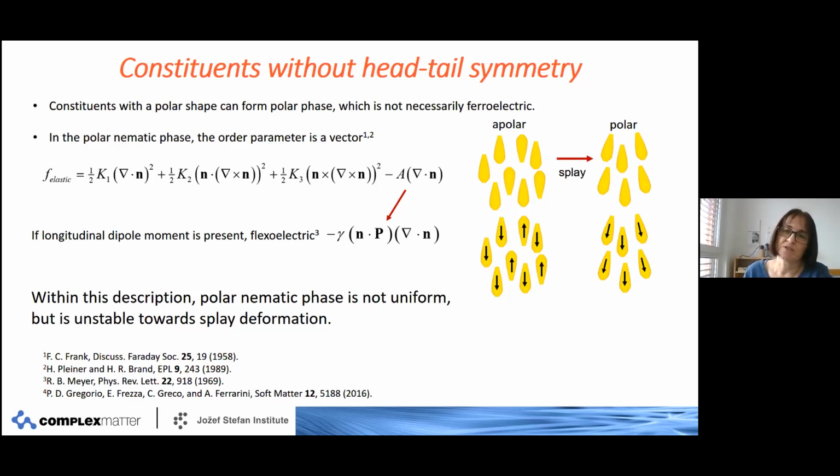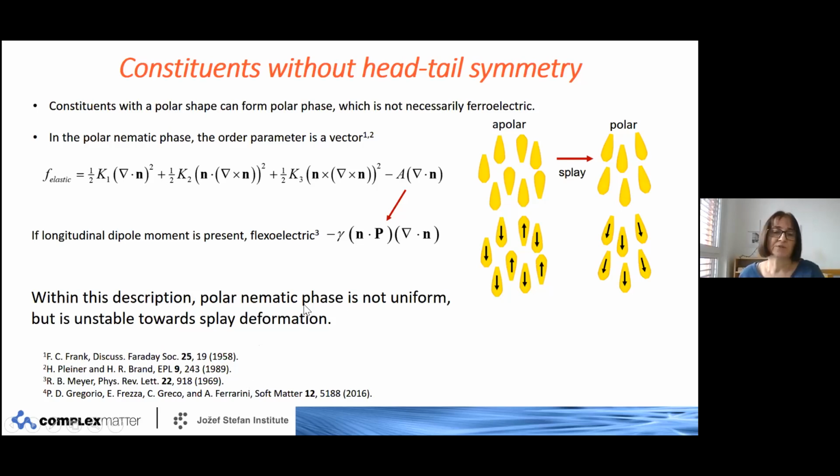The main difference between the apolar and polar nematic phase is that in the polar, the order parameter is a vector. And consequently, in the elastic free energy, we have an additional term, linear in splay deformation. If the molecules carry the dipole moment, then this term includes the so-called flexoelectric term, written here, which was proposed long ago, discussed by Robert Meyer.